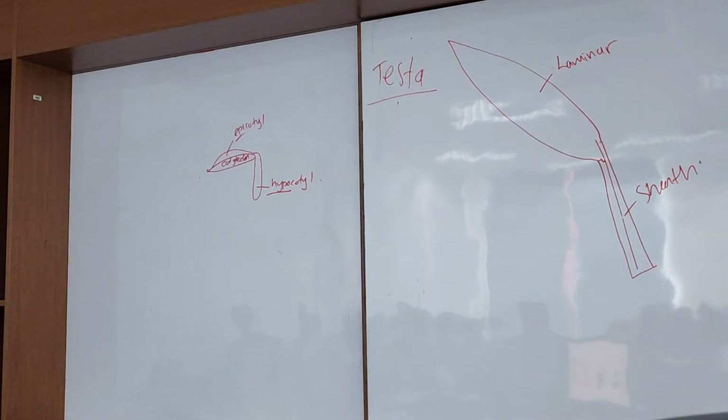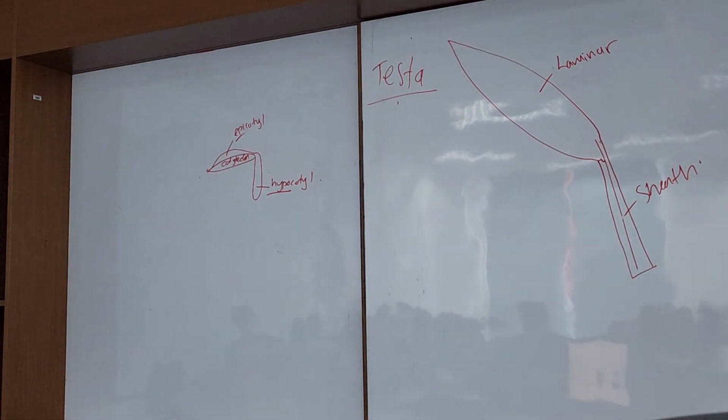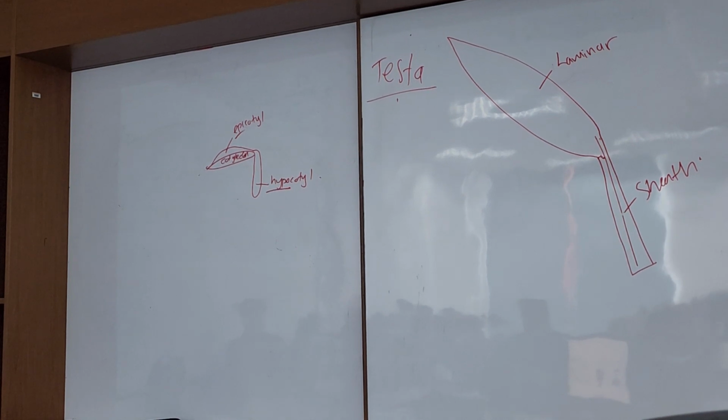The example here is corn. As the corn is growing, you will have your epicotyl protruding out of the soil, and also the cap of the plumule, which is the coleoptile.